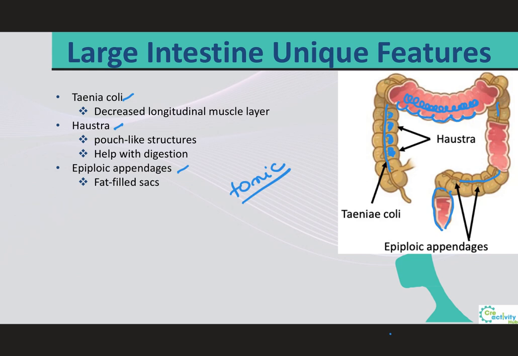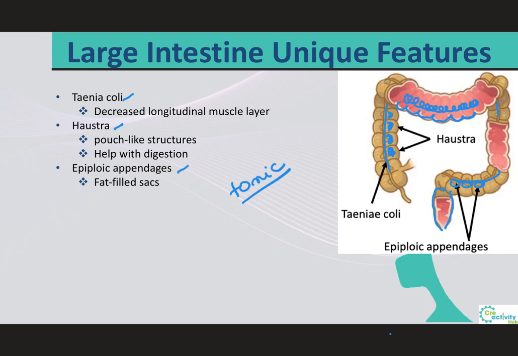For me, this reminds me of when you're creating a curtain and you have this line and you have to pull on the line to create the ripples on the curtain. So the line would be the teniae coli and the rippled effect would be the haustra. Then attached to the teniae coli are these small fat-filled sacs of visceral peritoneum that are called the epiploic appendages.